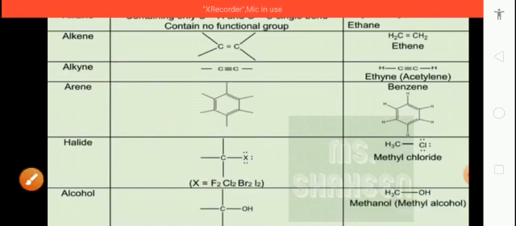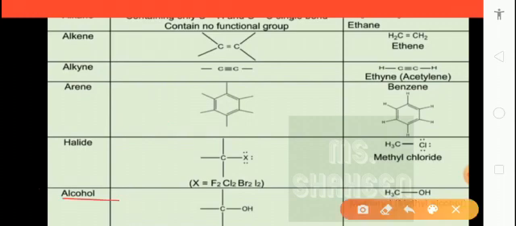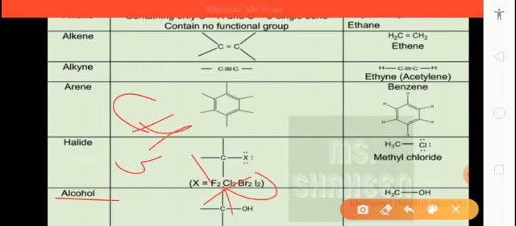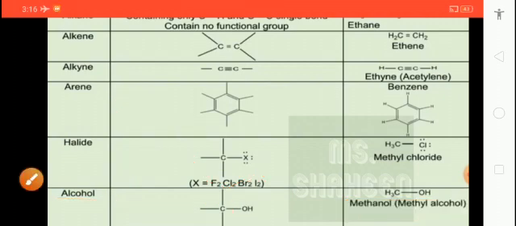Now next is the alcohol. In alcohol, the methyl group CH3 is attached with the OH, and it is known as methanol or methyl alcohol.